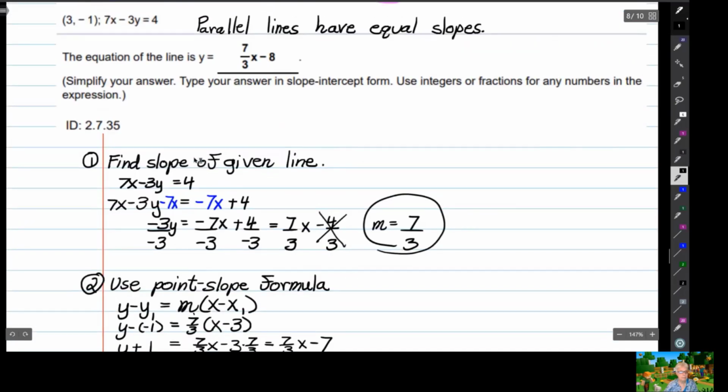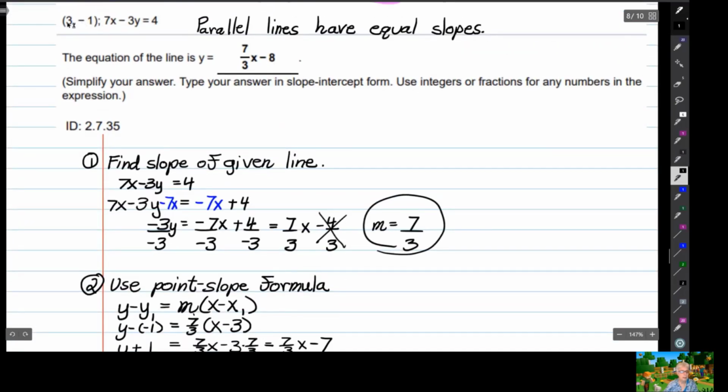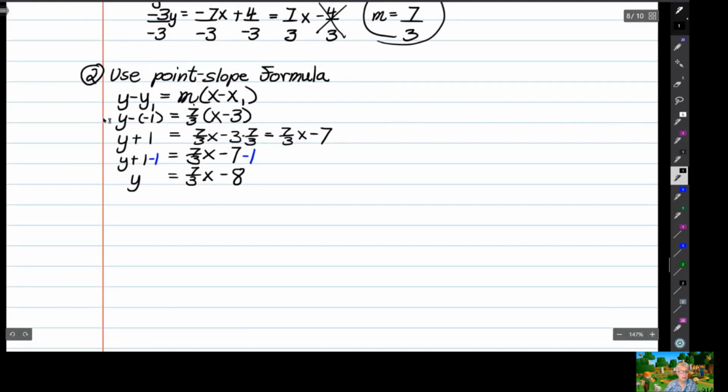Now, this is y1, this is x1. Y minus y1 equals m times x minus x1. This will give me y plus 1 equals, I distribute the 7/3, so let me put arrows here.